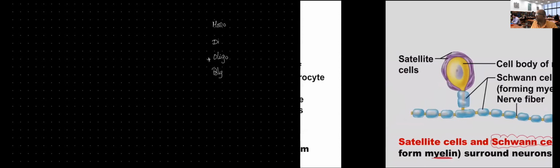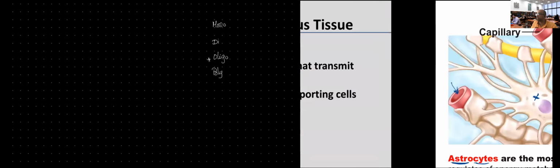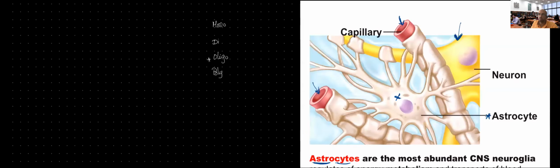So a quick recap here. What are the different neuroglial cells? We've seen the astrocyte that will be responsible for the energy metabolism and to act as a blood-brain barrier, a barrier between the blood vessels and the nerve cells.